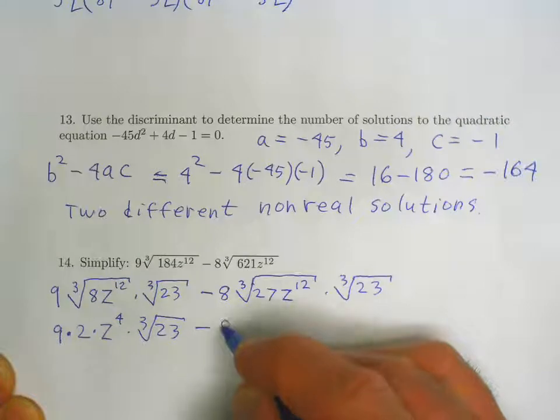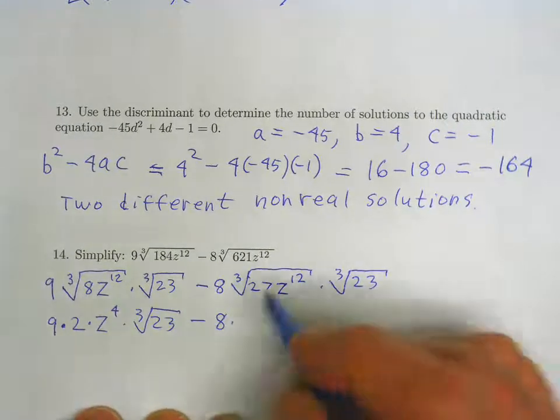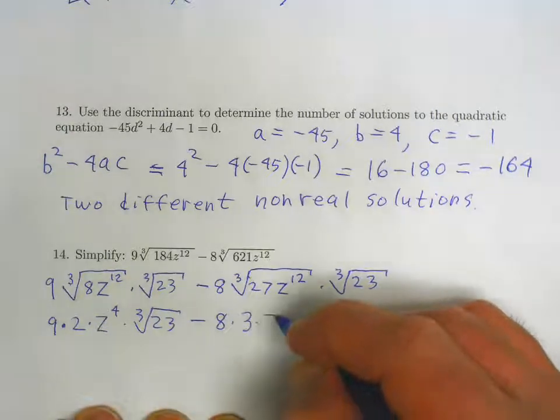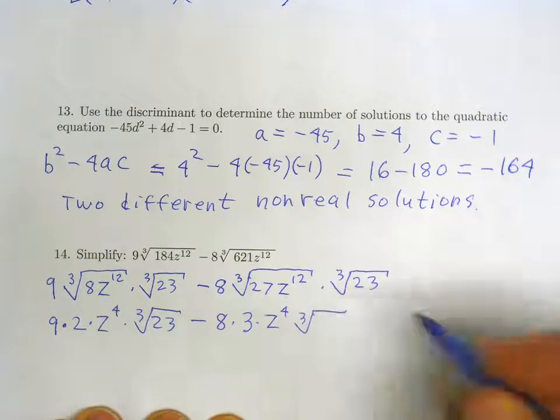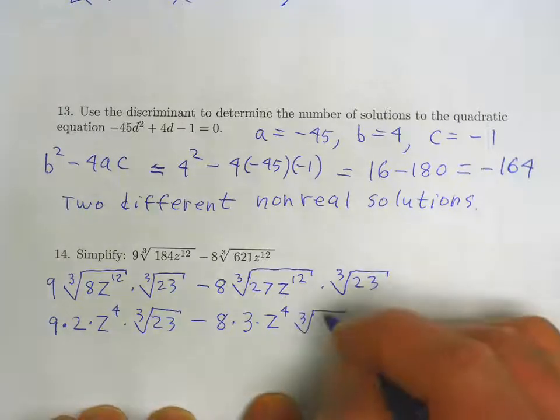And then minus 8 times the next term. The cube root of 27 is 3, and the cube root of z to the 12th is z to the 4th. So we get minus 8 times 3 times z to the 4th times the cube root of 23.